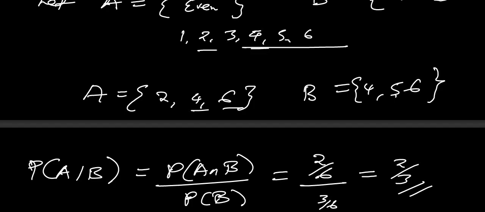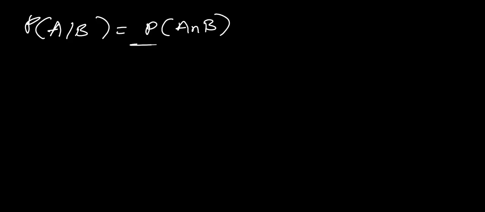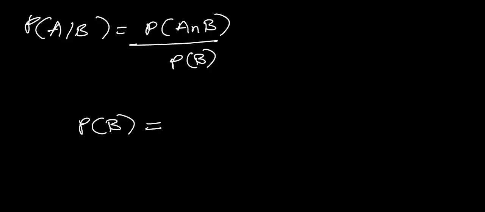So there's a theorem after this definition which says that if the probability of A given B holds, then when we cross multiply, we get a general statement.